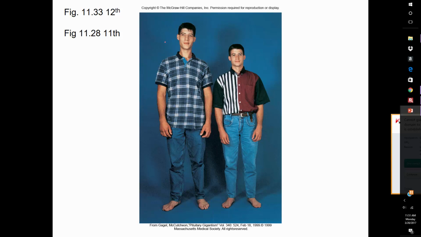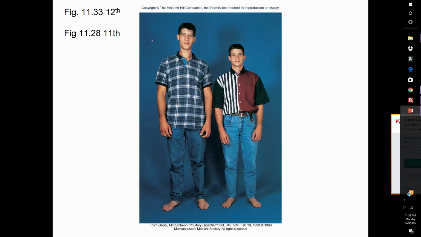So what do you notice? He's much taller. Look how big his hands are. Look how big his feet are. So he has a lot of growth in the joints, a lot of soft tissue growth. Also notice that his forehead is more prominent, his jaw is more prominent, because a lot more bone has been laid down along the jawline.